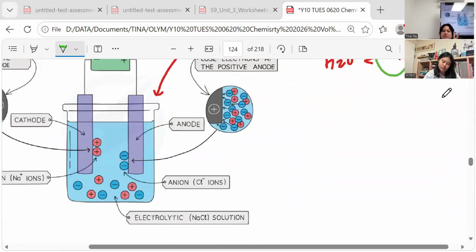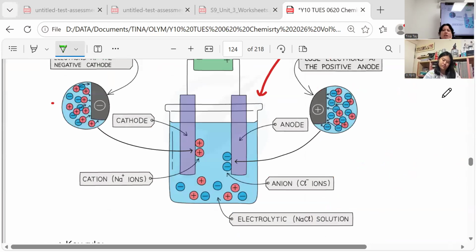Okay, so what happens is all the cations will go to the cathode. They will both go to the cathode. All the anions will go to the anode. But you can only choose one to react. Okay? You can only choose one.